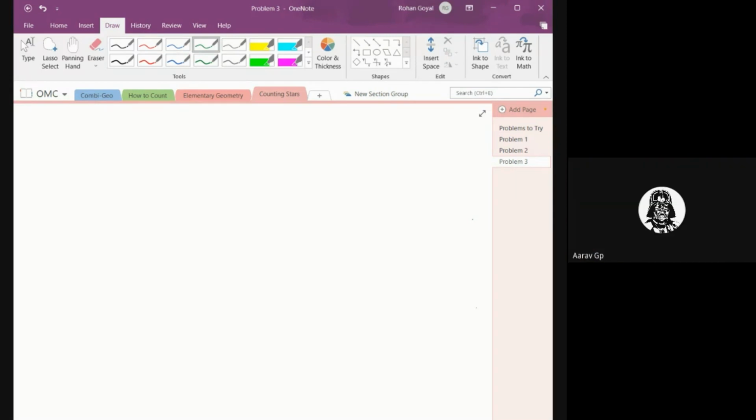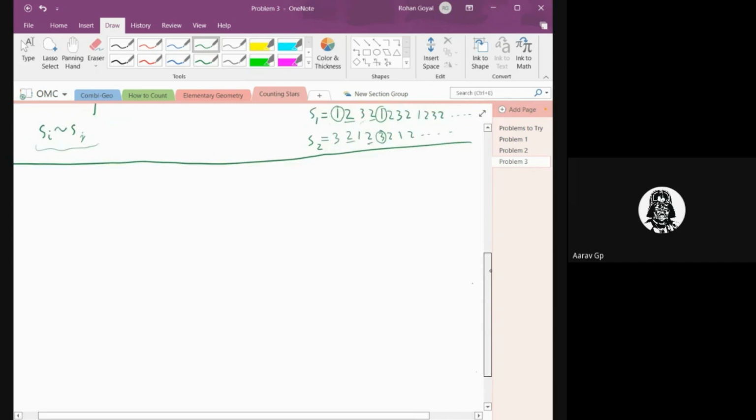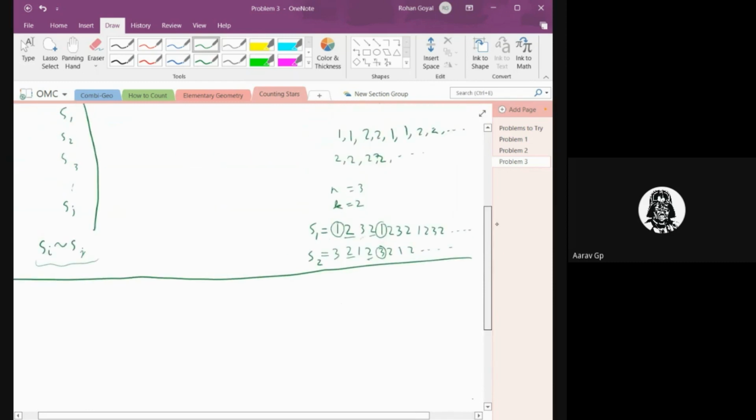I was saying that if R1 is equal to Rk for some even k, then R2 will also be equal to that, and R3 will also be equal to that, and so on.